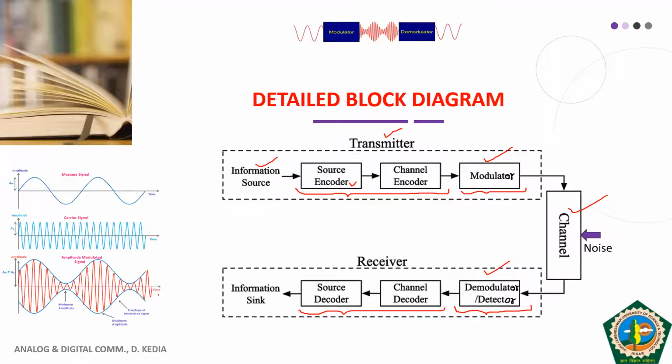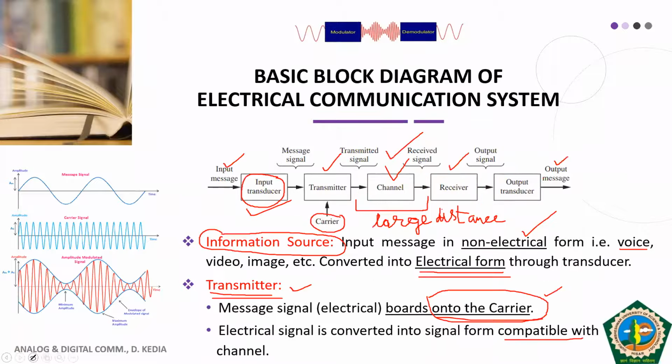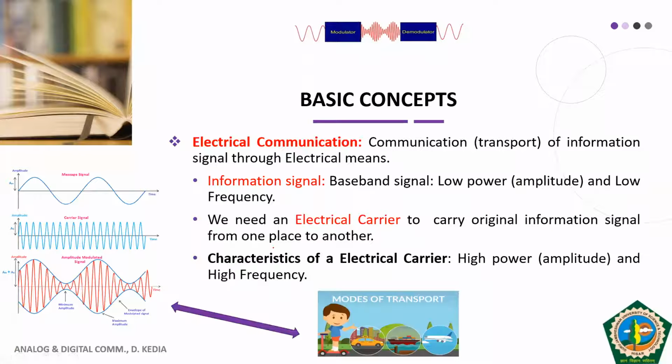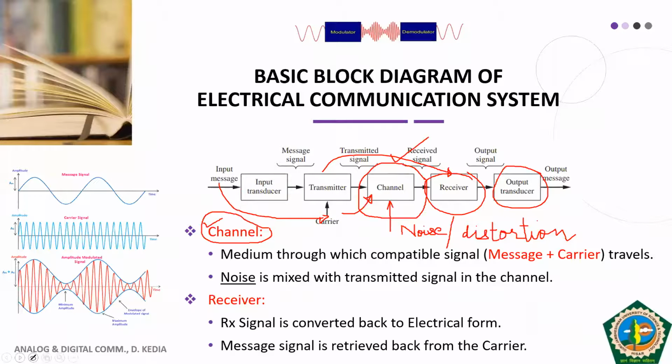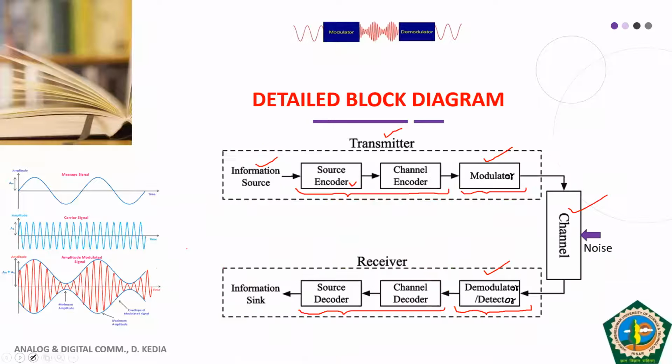If I show you the previous slide again, see, I told you that we need an electrical carrier. And in the transmitter I had shown you that we will allow our message signal to board onto the carrier. This process of boarding onto the carrier is known as modulation.